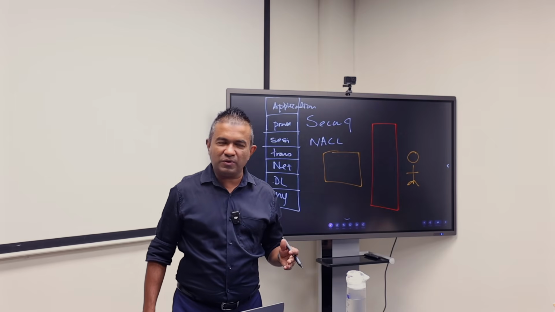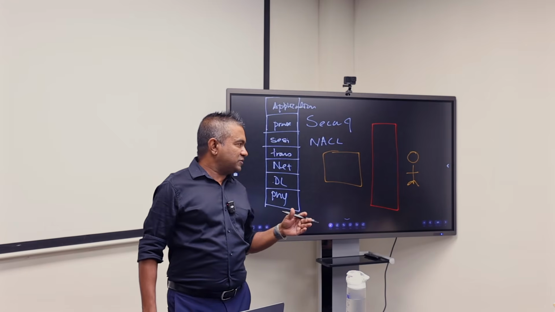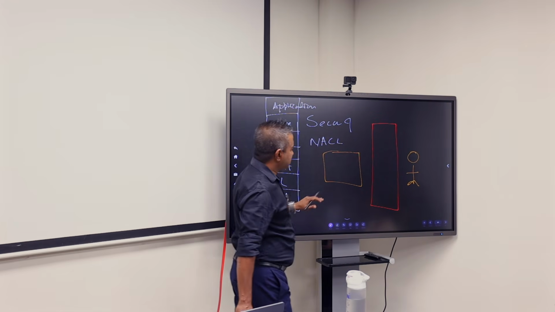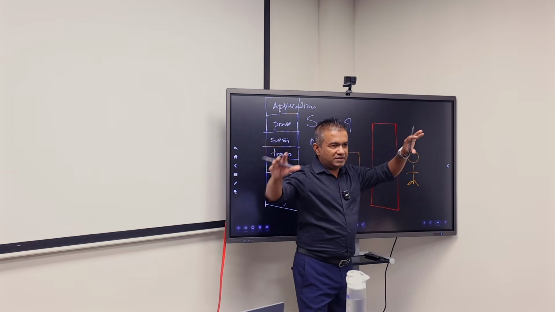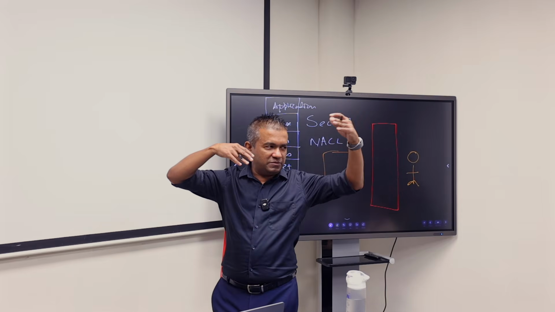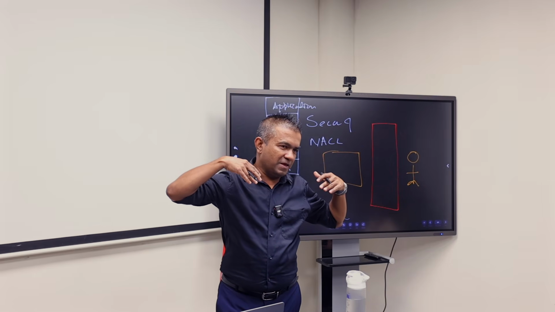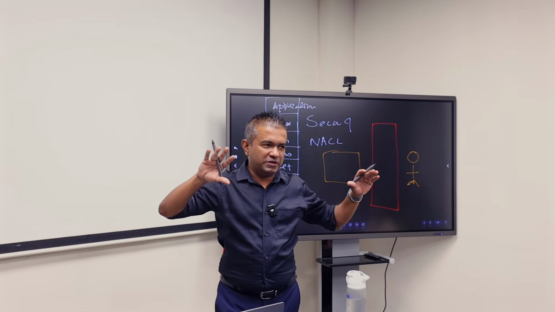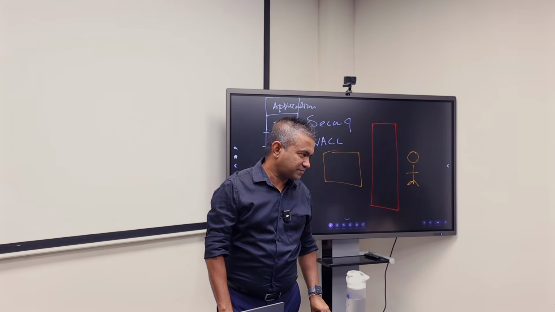NACL is attached to the subnet. Security group is attached to the host, the EC2 instance or whatever. With a NACL you can put inbound and outbound rules for filtering. For the security group also, you can put inbound and outbound rules.